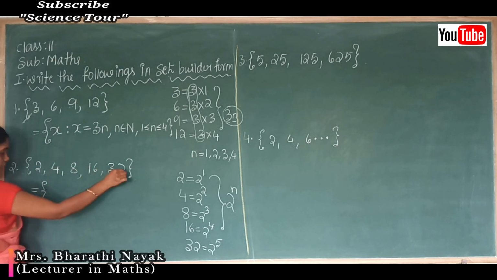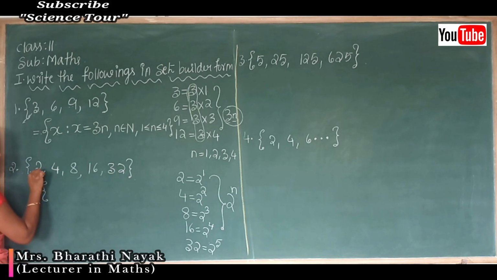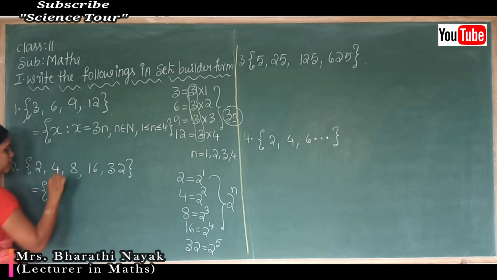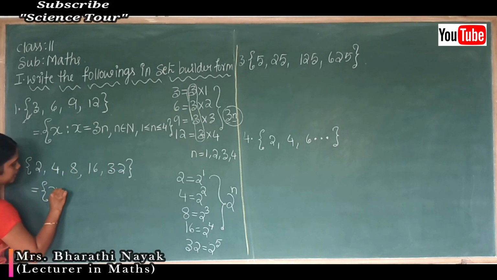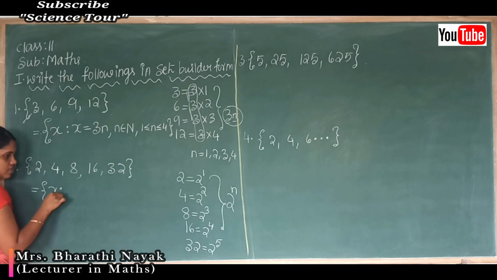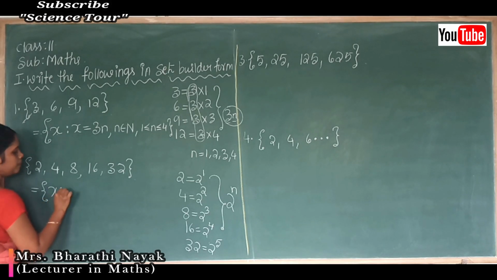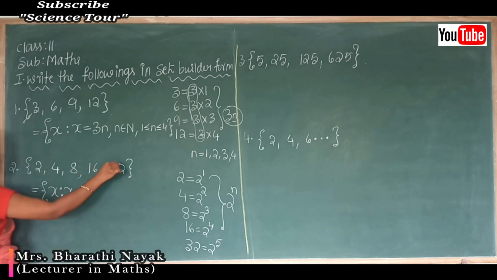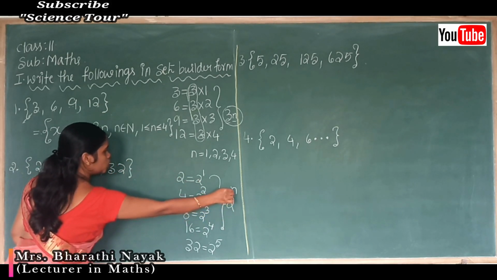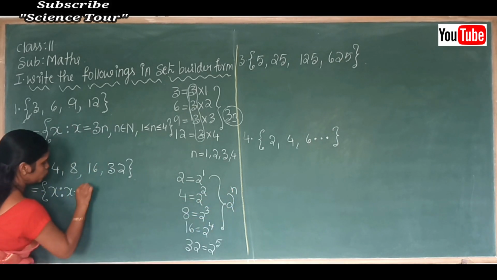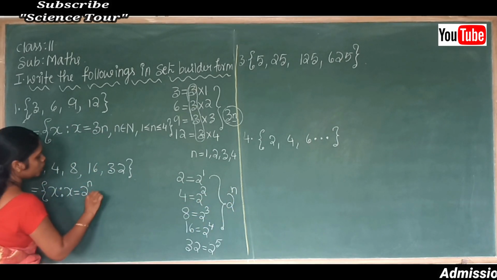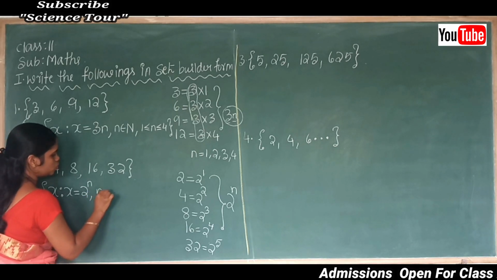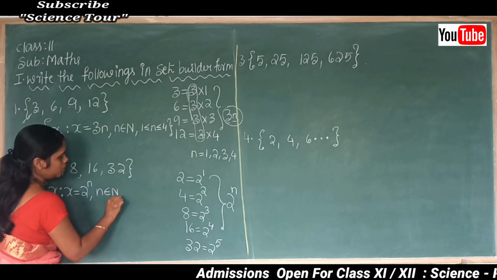So how to write it in set builder form? All these 5 elements I will represent by a single letter, x. So what is the property of this x? x equal to 2 to the power n, also n belongs to natural numbers.